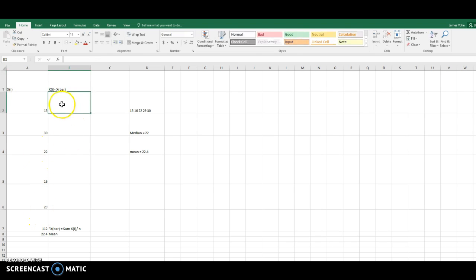So here, x sub 1 is 15 minus my mean of 22.4. Hit enter here, and that's going to be negative 7.4. Here, I'm just going to copy this.